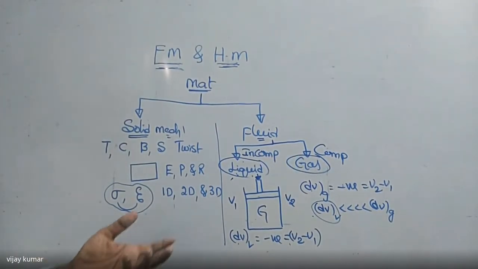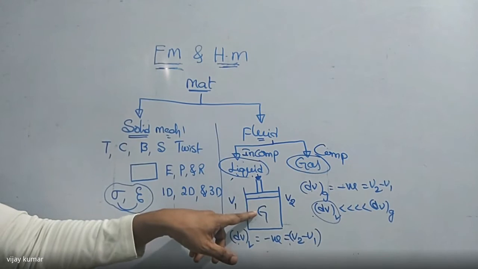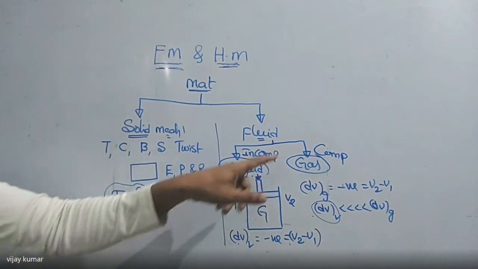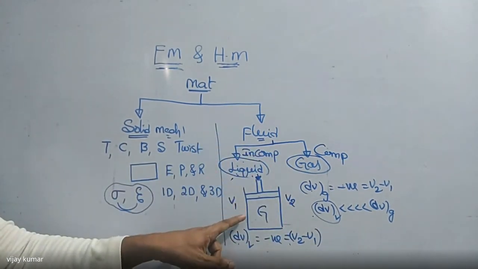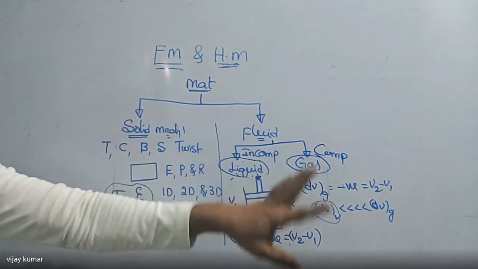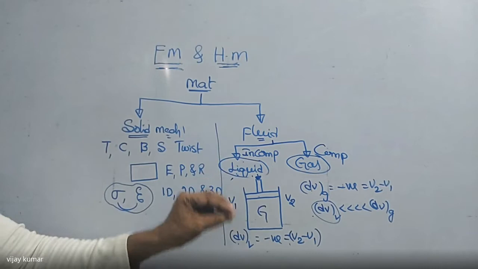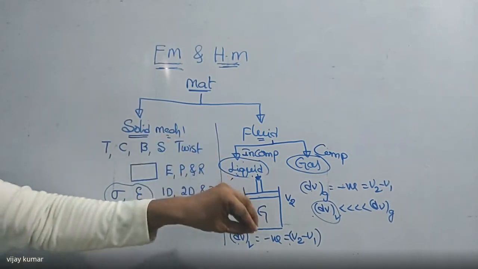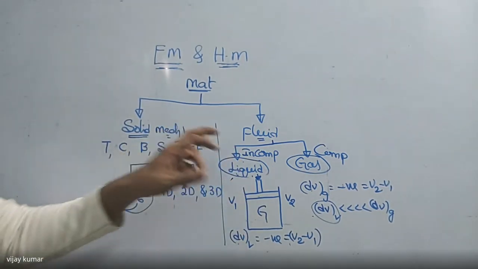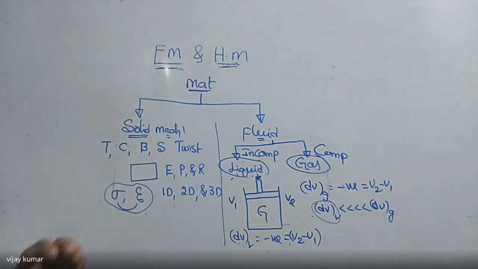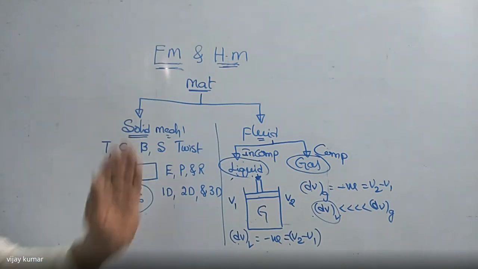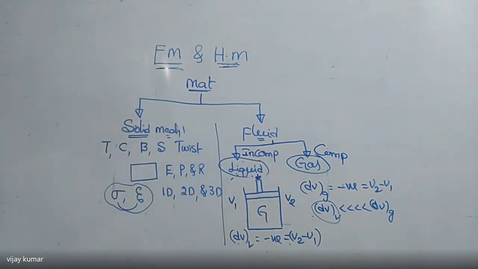When the change in density of a liquid is very, very less compared to gases, the change in volume of liquid is also very, very less compared to gases. That's why the change in density and volume is a negligible value in the case of liquids. That's why liquids are named incompressible fluid and gases are named compressible fluid.